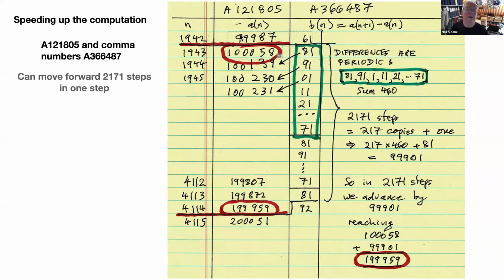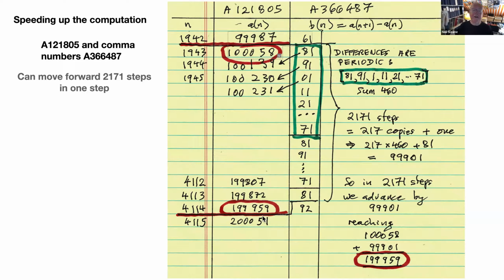So the total that we've added, so I forgot to say, this string of numbers that begin with 1 ends after 4114 steps, and we get a number beginning with 2. So this observation makes it possible to shortcut this whole calculation. We don't have to follow this. We can say exactly what's going to happen.